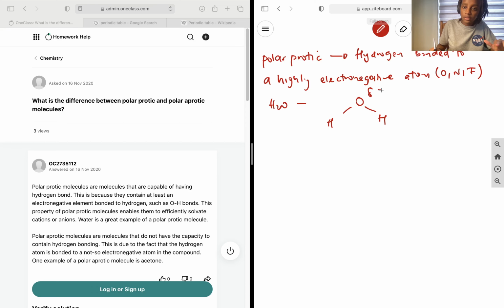Because this pulls the electron from them both, it leaves them with a slightly positive charge, a slightly negative charge, and a slightly positive charge, but more so than you would have in a polar aprotic molecule where the atom isn't as electronegative, so it doesn't pull a charge away as much and doesn't cause as strong partial charges.